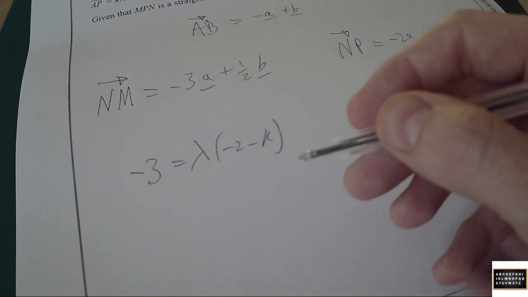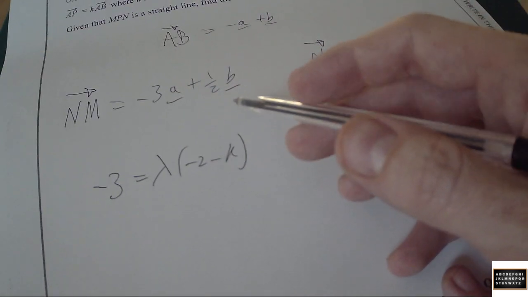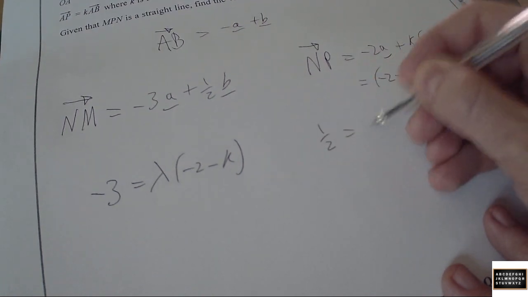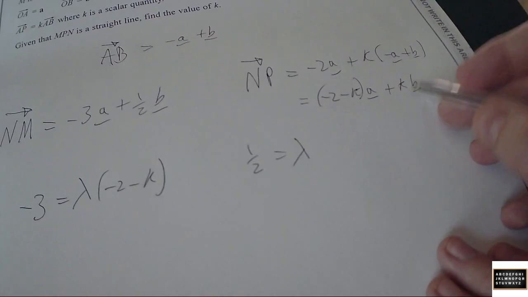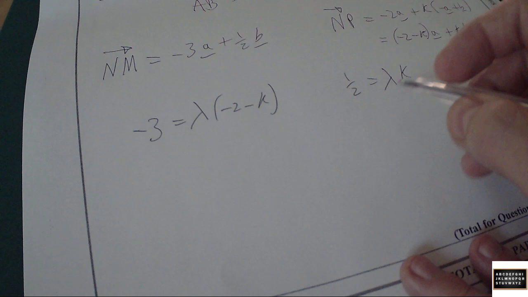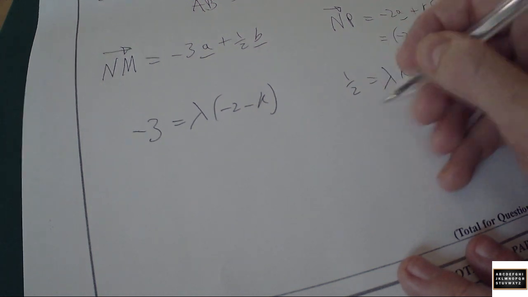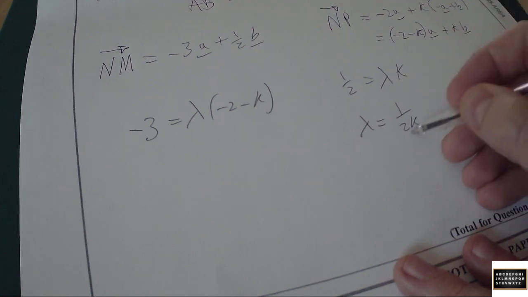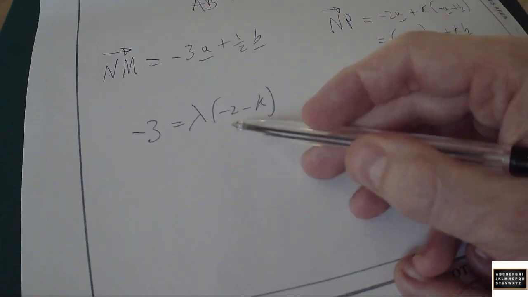But I also know that the same multiple is going to apply to the b coordinate, so half is going to be that same lambda times k, because the b component is k here. Now I can write an expression for lambda. Lambda is going to be equal to 1 over 2k, and I'm going to use that as a substitution in this particular problem.